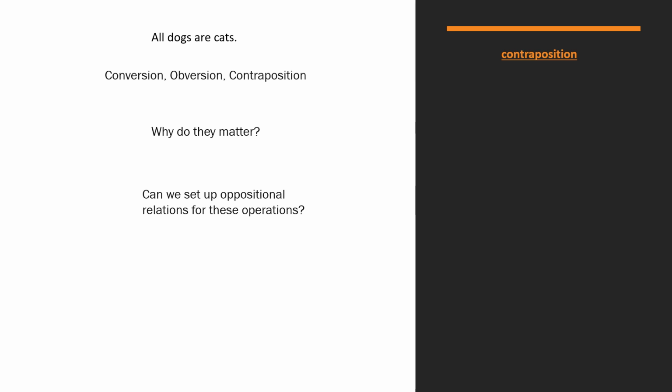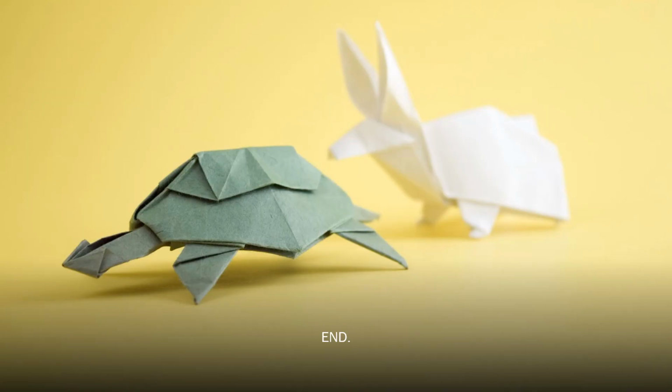So that's how you set up the oppositional relations, or relations of truth value, for the whole conversion, obversion, and contraposition processes. And in the end, if we really are serious with the question of how and why they matter, then we only have to think that these are propositions, and propositions are building blocks, fundamental to the reasoning structure itself.